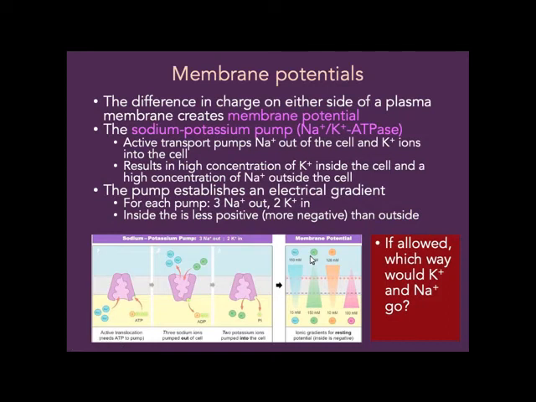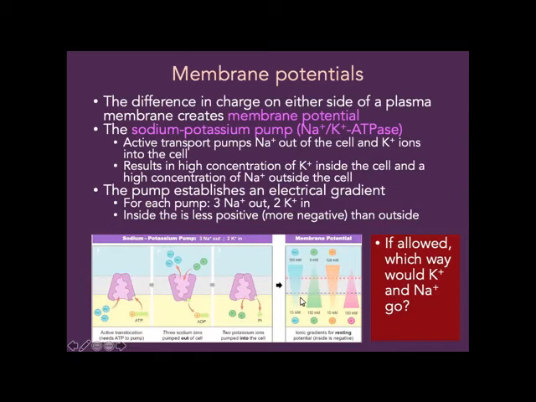So again, the pump establishes an electrical gradient. So each time it pumps, 3 sodium out and 2 potassium in. And so the inside of the cell is less positive, right? More negative than outside, just because you end up basically putting 3 sodium out for every 2 potassium that come in.